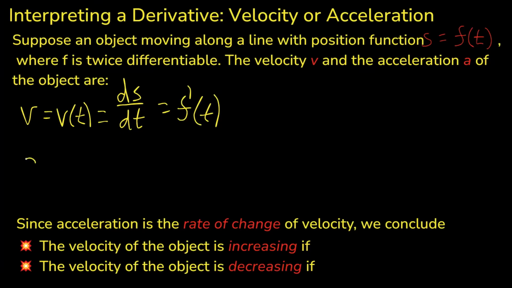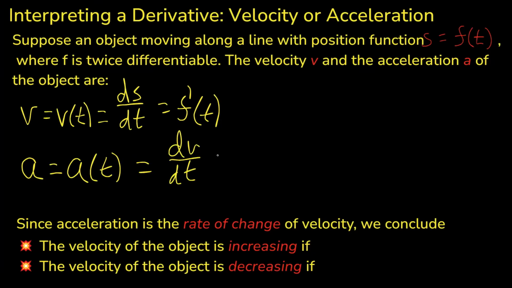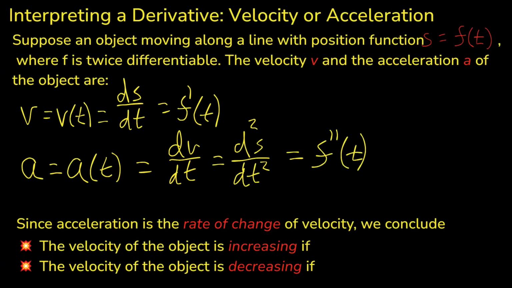Now, the acceleration, which we call a, could be written as a function a of t, and that's equal to the derivative of the velocity function with respect to time. But since velocity itself is a derivative, that can be thought of as the second derivative of the position function, which is also in function notation f double prime of t.